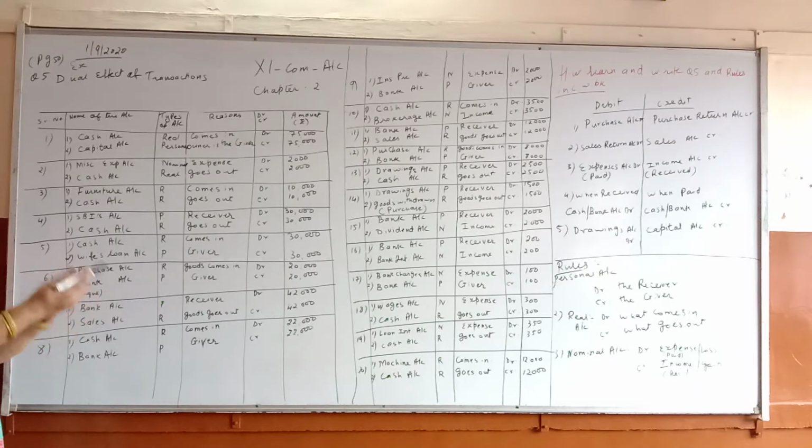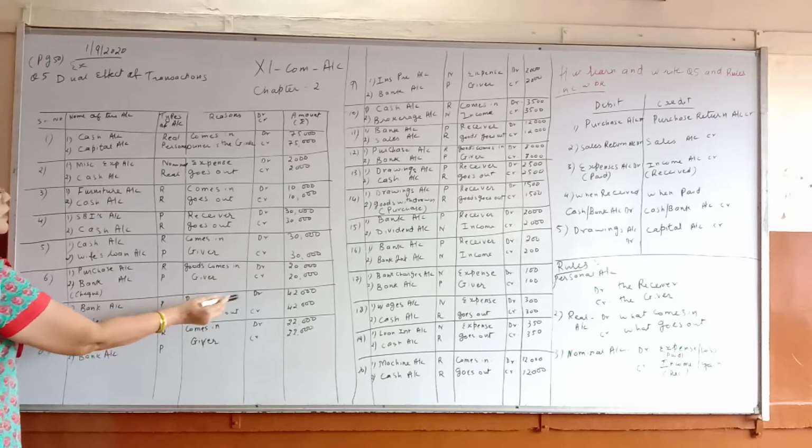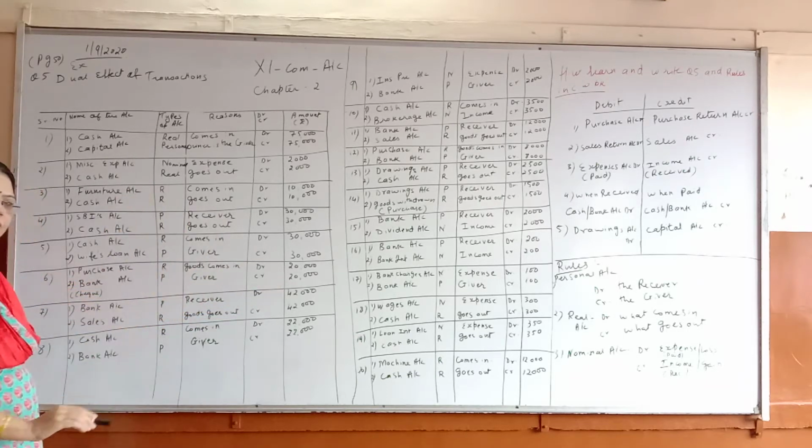See the next one. Sold goods and received check. So when the word received comes, I told you that cash comes in. Cash comes in means debit. But here instead of cash, we are using the word check. So it is same. Instead of cash, we have to write bank. So sold goods and received by check. So bank account, personal account, receiver, debit 42,000.